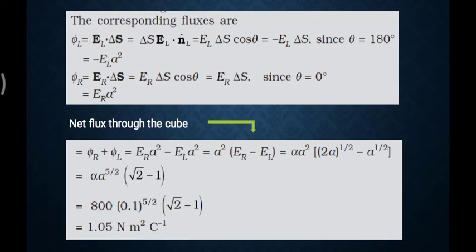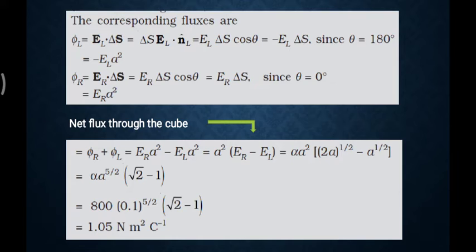So this is our theta. Theta will be 180, and cos 180 is minus 1, contributing this minus sign, so EL times delta S. So the flux on the left hand side is nothing but minus EL times delta S. You can put the respective EL values in this also; otherwise, at the end we will put them in for simplicity.